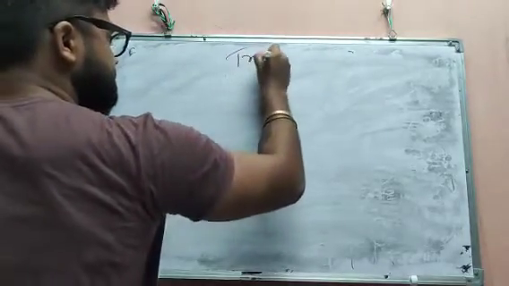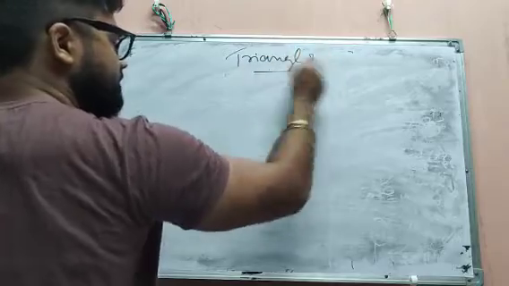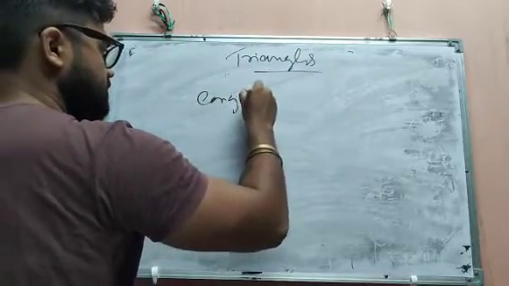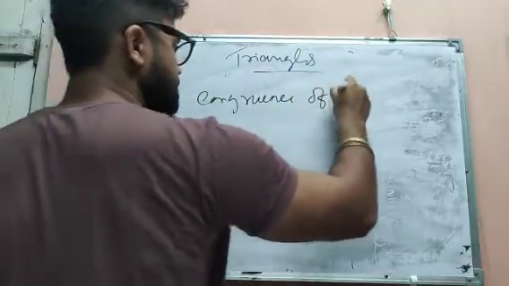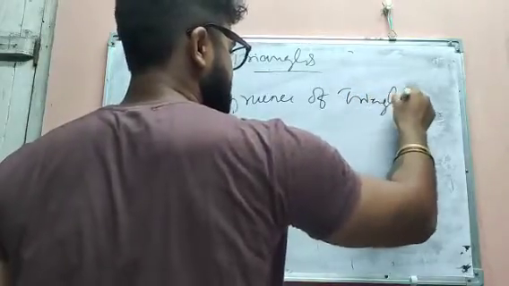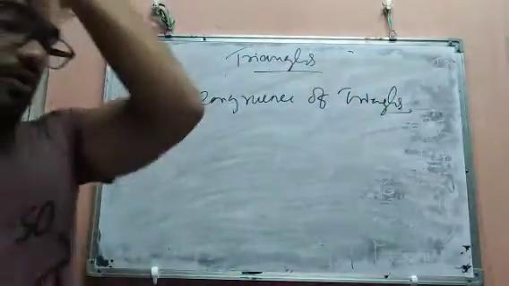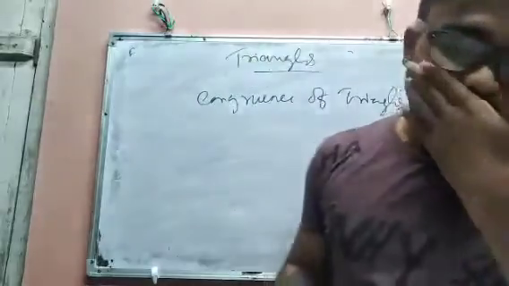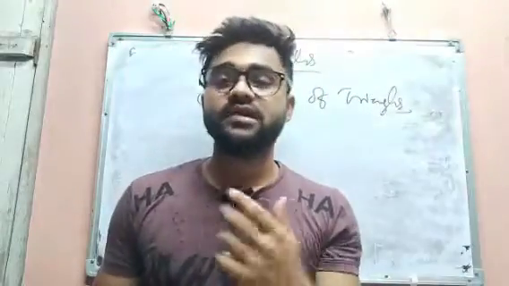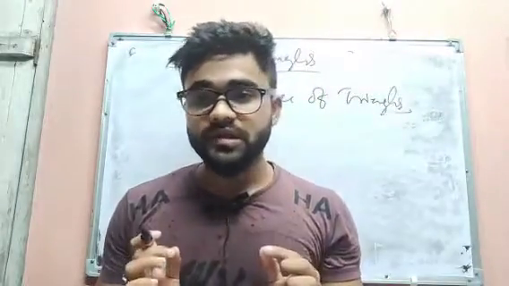In the chapter Triangles, we are going to study about congruence of triangles. Okay, that means congruence. Congruence means what? We are going to study about congruency of two triangles.